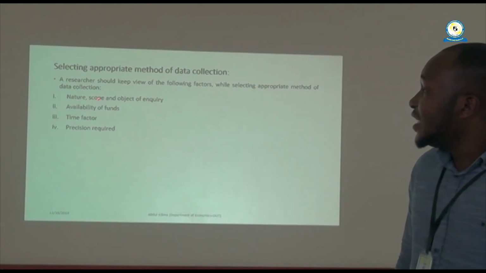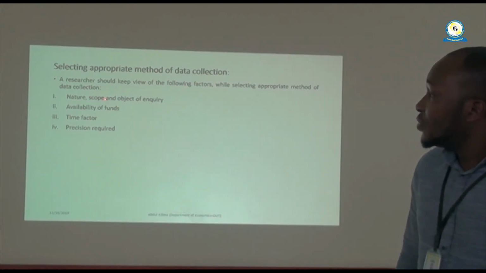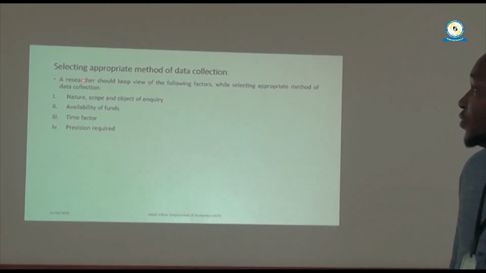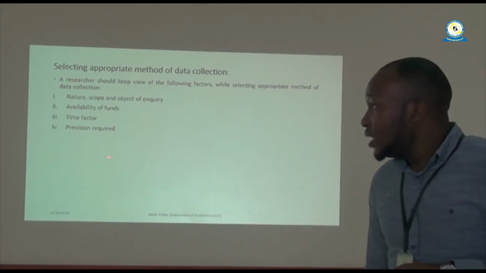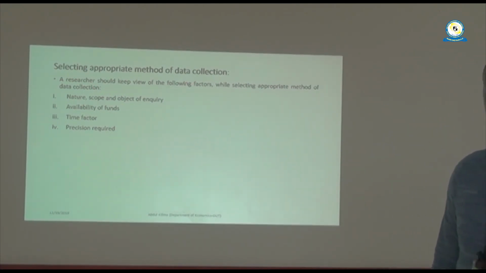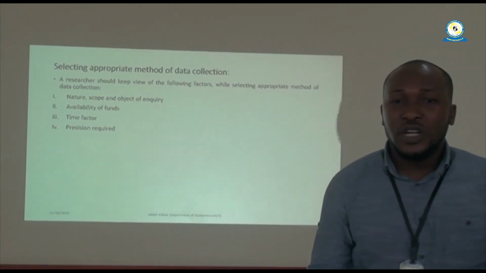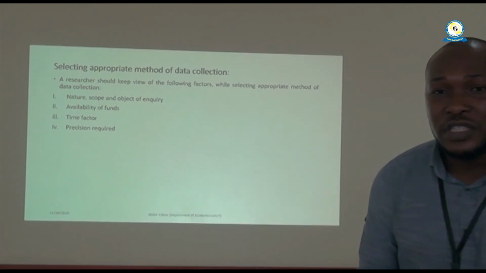The scope means the area. How big is your study? Are you big in terms of length or the population, the sample that you have selected? If you have a bigger sample, then the questionnaire is a good mode of data collection. If you have a small sample, then you can do focus group discussions or interviews.